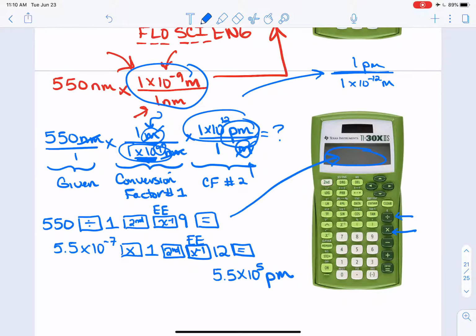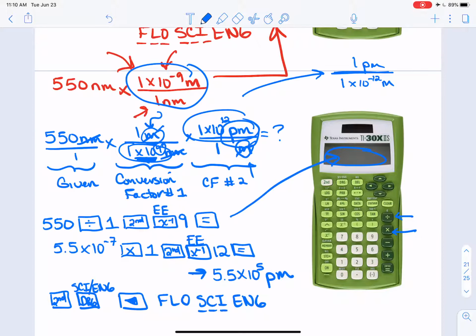Now, if you want to see this in standard form, what you guys would do is hit second, DRG, and again what you're looking for is sci eng, and then you would hit the key backwards like that because what you'll see is flo, sci, eng, and if we're already in scientific notation, you want to go back to flo, and then you hit the equals, and then it's going to give you 55000, and you'll have picometers.